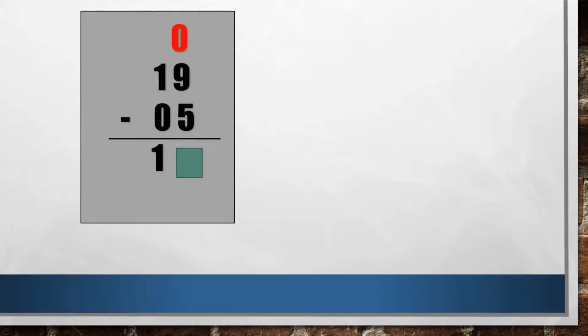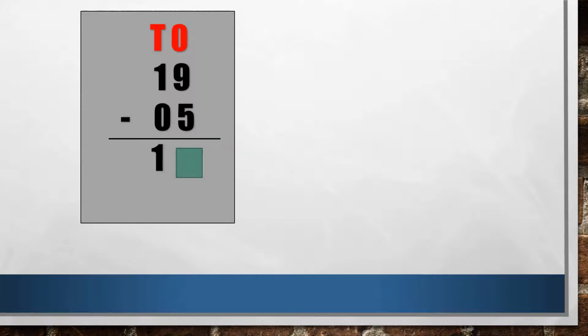Find the number which will come in the place of the box in the given subtraction. 19 minus 5 is equal to 1 and a blank. So we have to find the subtraction. We always start from the right side.